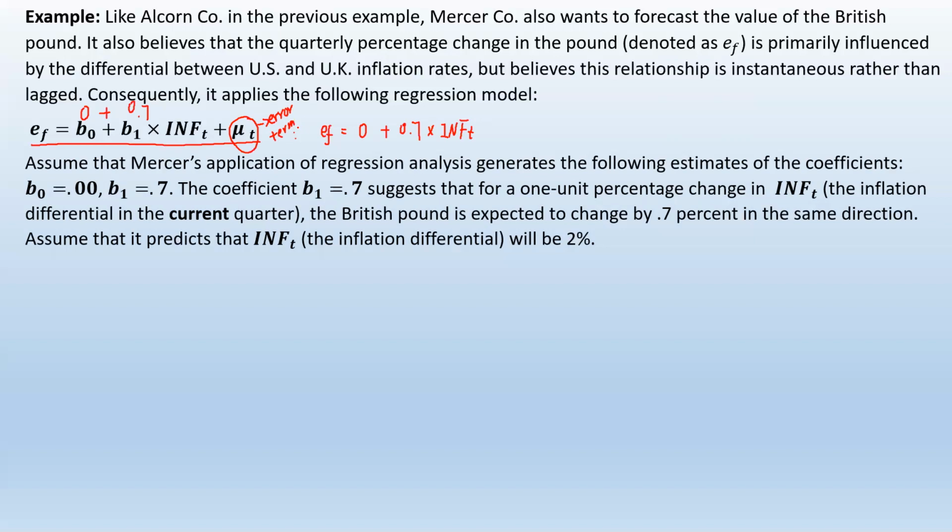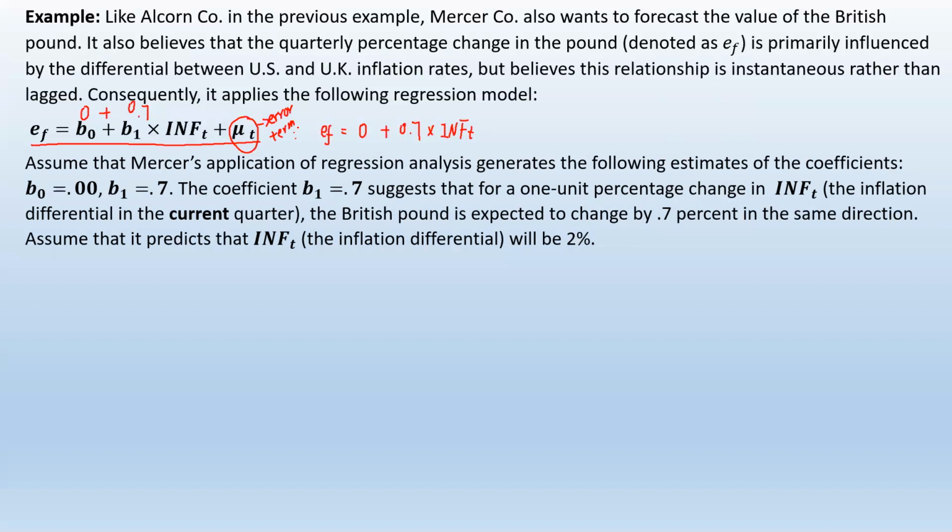If the inflation increased by 1%, then the British pound will appreciate against the US dollar by 0.7%. If the inflation differential in the current quarter decreased by 1%, then the British pound is expected to depreciate against the US dollar by 0.7%.